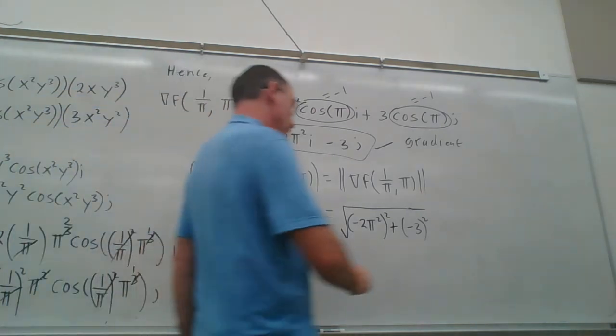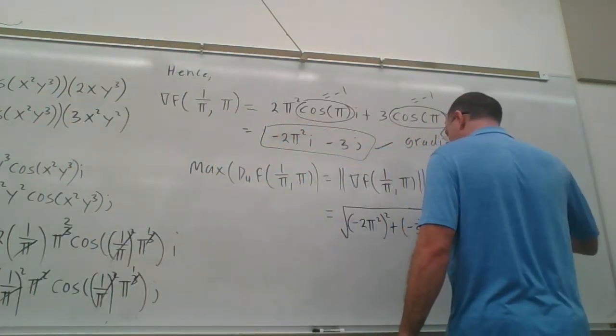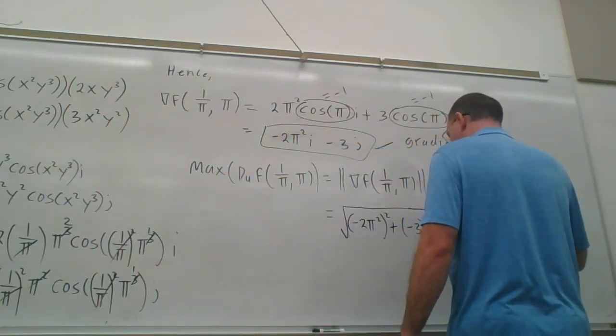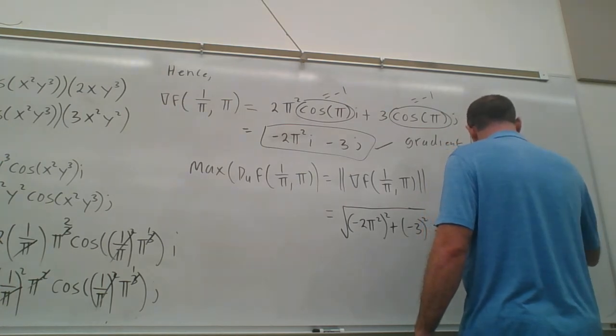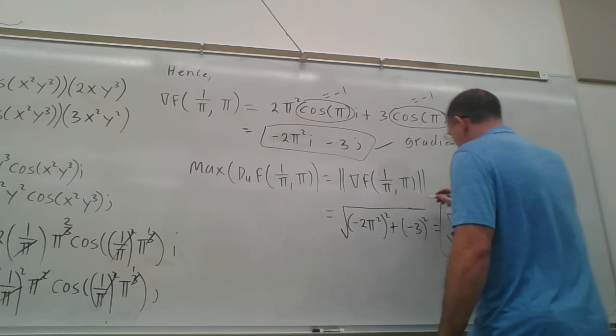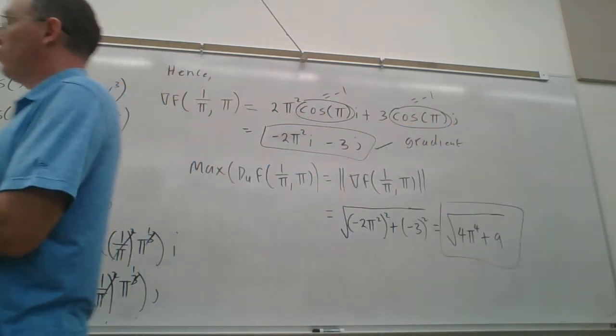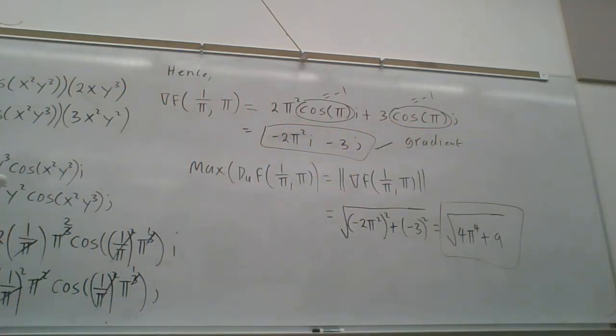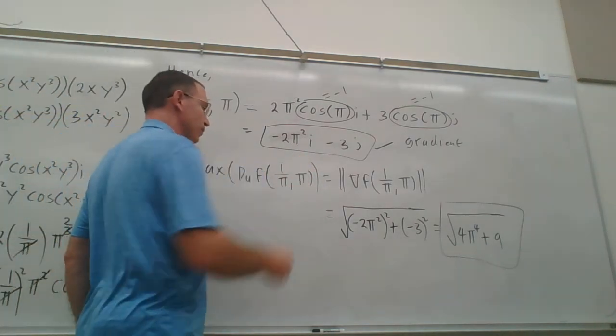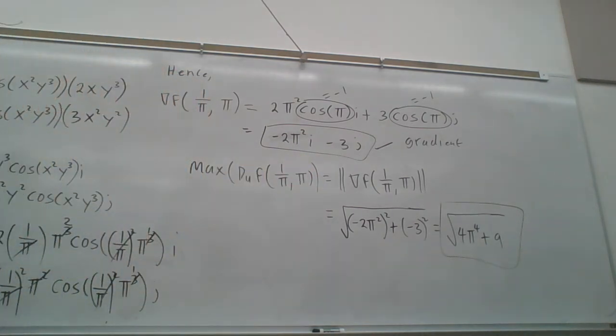And that becomes then the square root of 4π to the 4th plus 9. You can leave your answer like this. So that'll be the max value of the directional derivative at this point. Okay, so we're done.